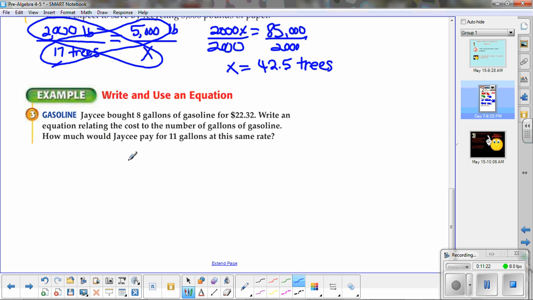Well, we first would need to figure out how much he is paying per gallon. So we're going to take $22.32 divided by 8. That's $2.79 per gallon.